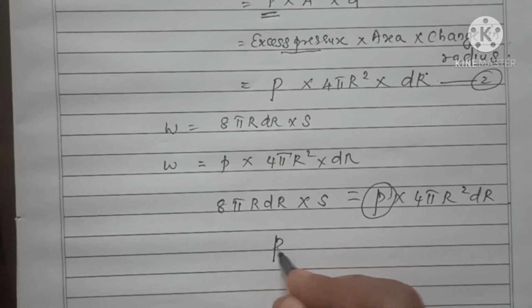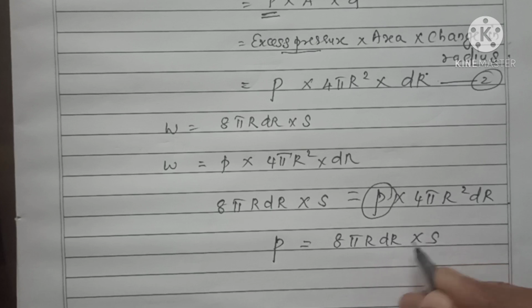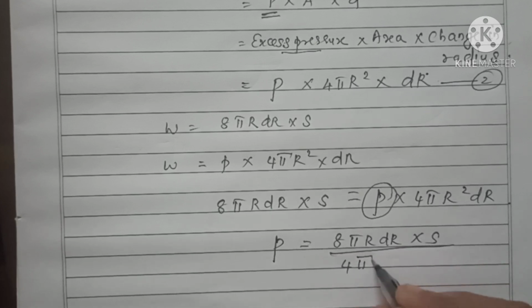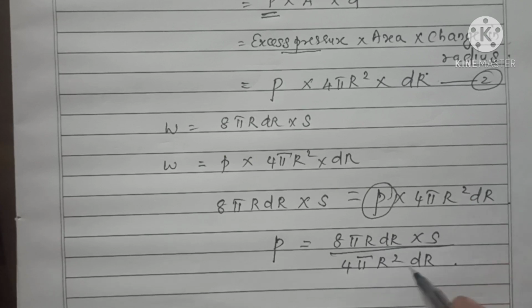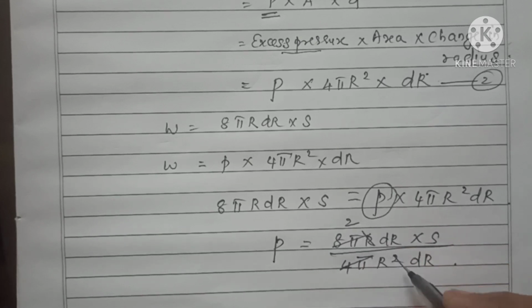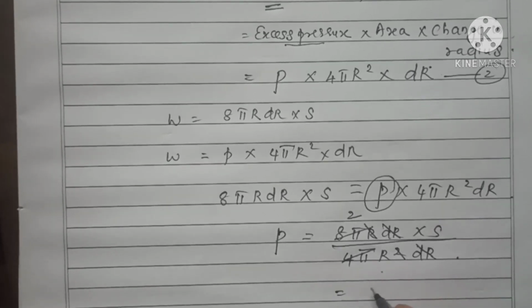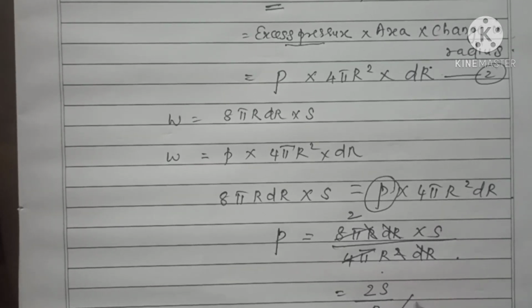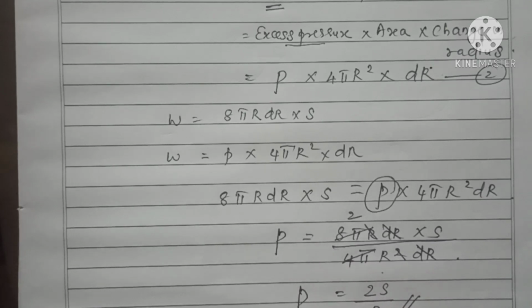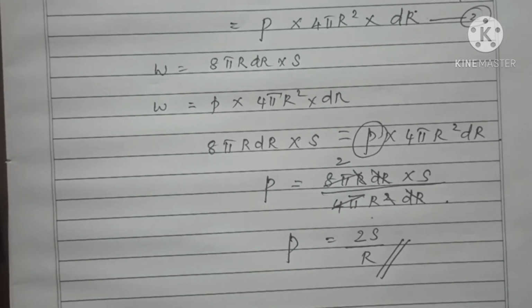So excess pressure P is equal to 8 pi r dr into S divided by 4 pi r squared dr. Isn't it? 4 pi and 8 pi you will get 2. Then r and r square you will get r here. dr and dr will get cancelled. So what is the value? 2S by r. Okay, so this is the expression for the excess pressure inside a liquid drop, that is 2S by r. Clear for you?